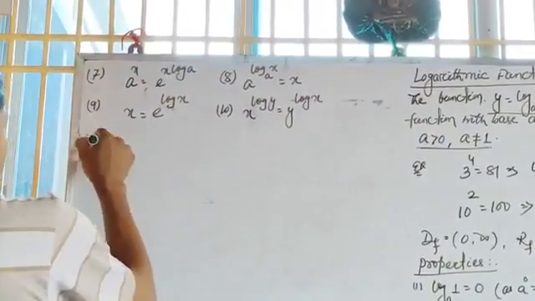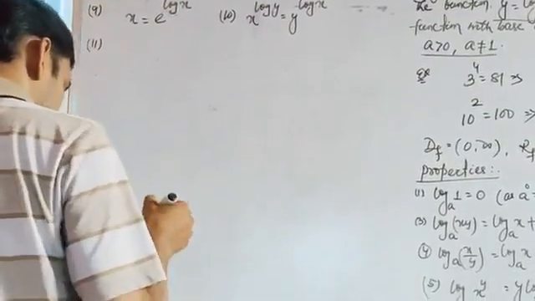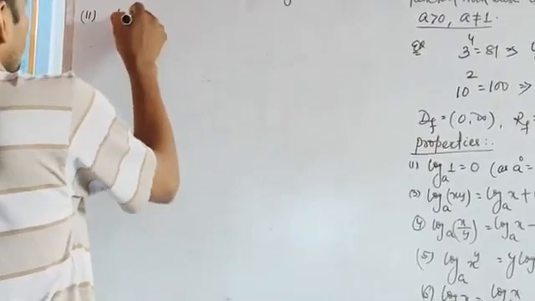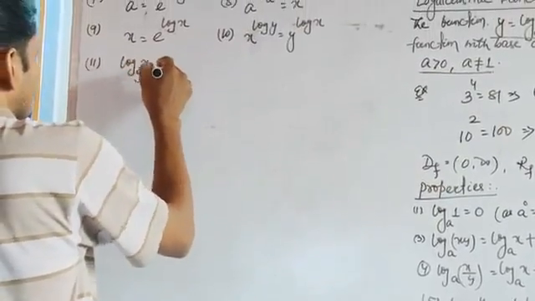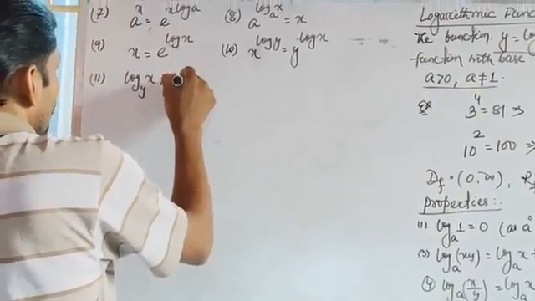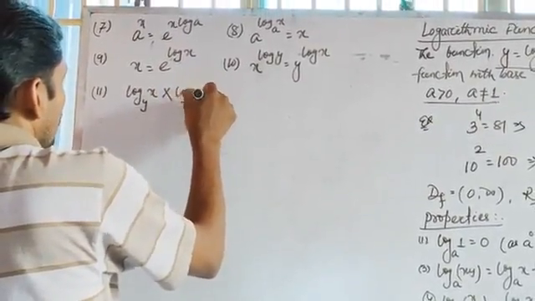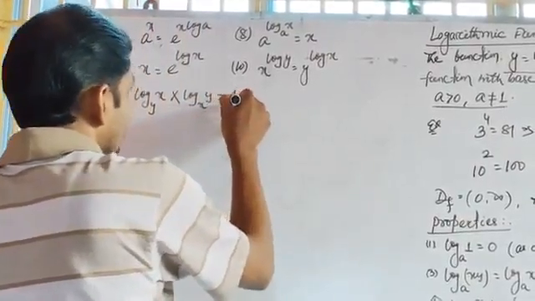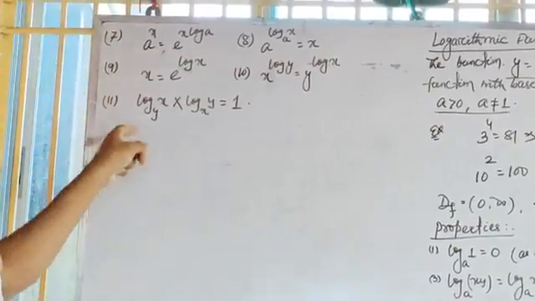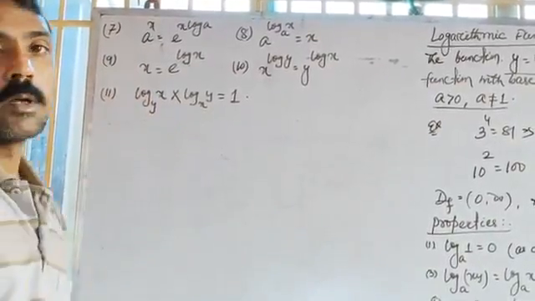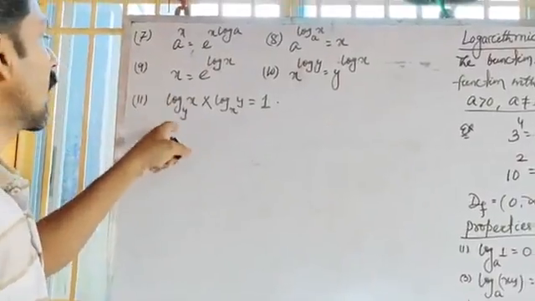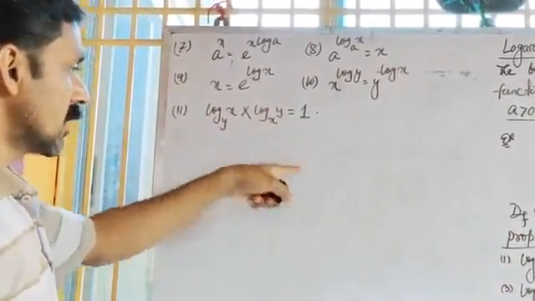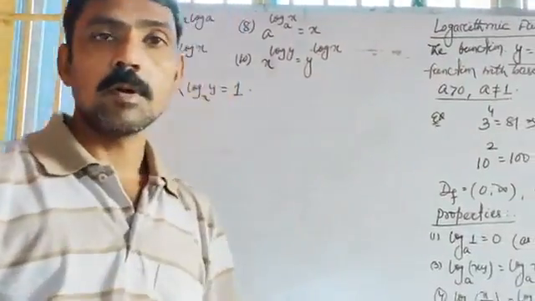And the next one is log y x into log x y is always equal to 1, because these two are opposite of each other. So these are 11 properties of logarithm.